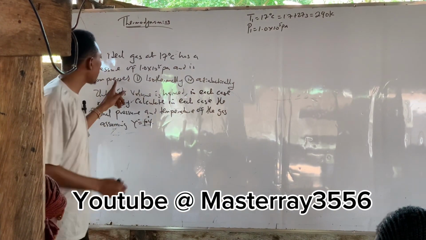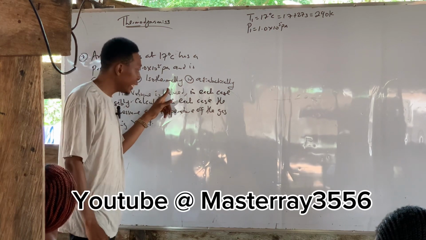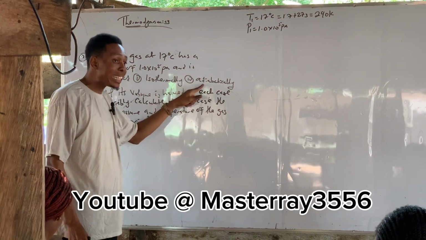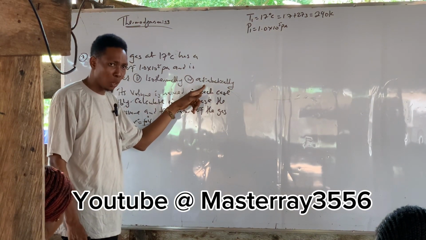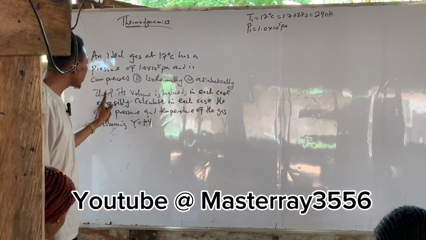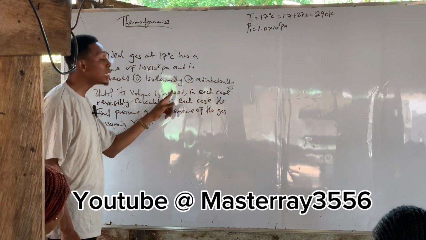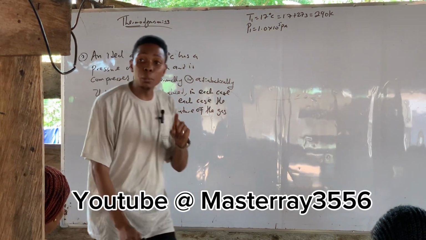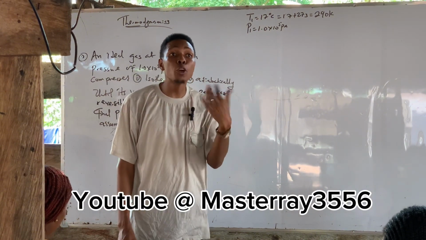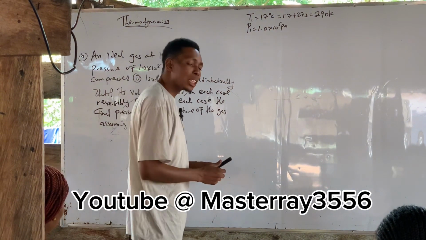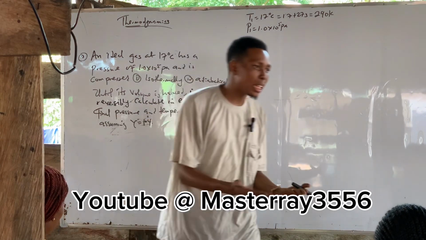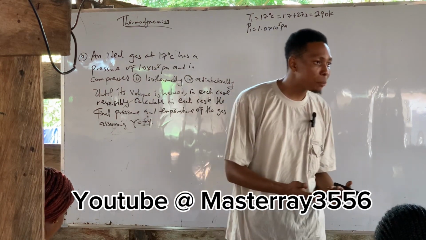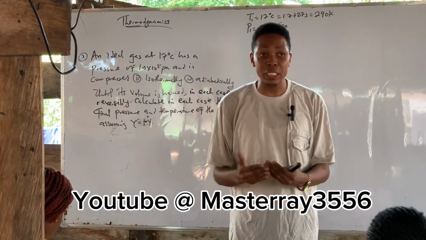Now, it's compressed isothermally, and number 2, adiabatically. Are you following? Then we are told that until its volume is half. Do you know the volume? No. It's just like a gas cylinder you are using at home, and you want to go and fill it.